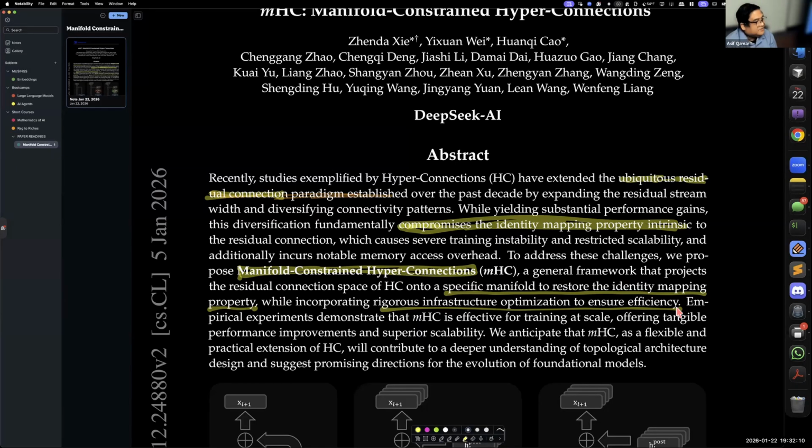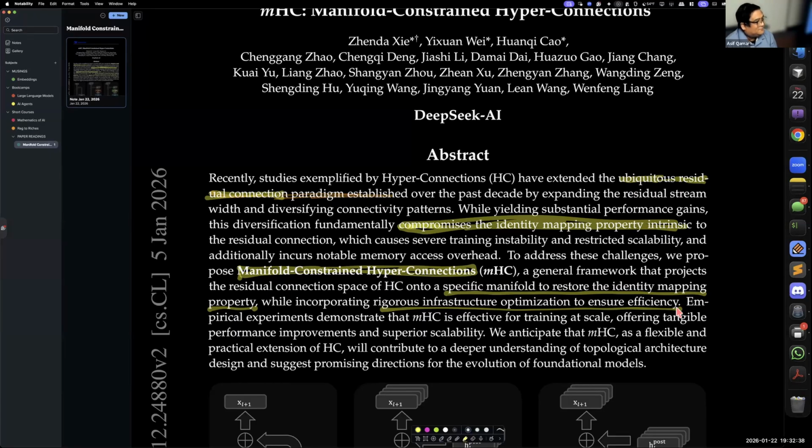They're saying they're going to bring about the improvements of hyperconnection while incorporating rigorous infrastructure optimization to assure efficiency. So this paper is, as much as it is about this new idea of manifold constraint, it is also a bag of tricks, very clever tricks to make sure that you don't pay the piper.